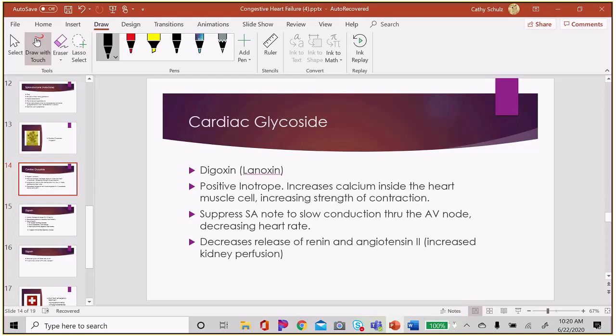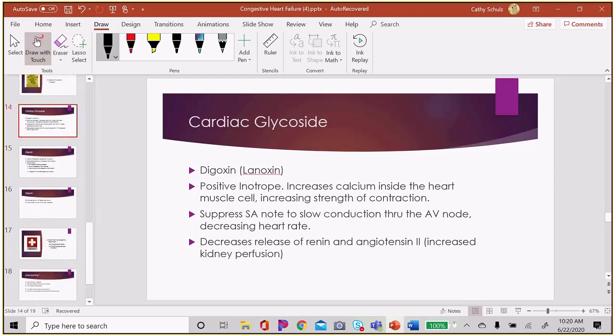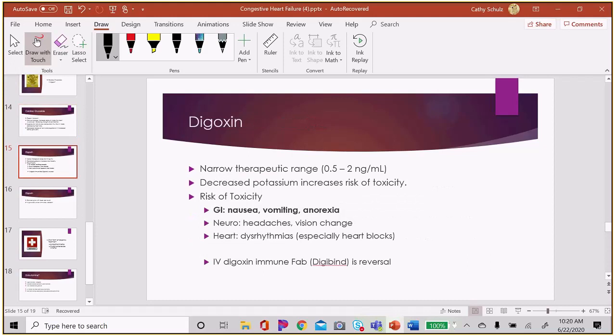So it does that by changing the way calcium moves into heart cells because calcium helps promote muscle contraction. It also slows down the heart rate usually so that you have more time to fill the heart appropriately and generate action potential. So that's its main mechanism of action, increasing the efficiency and strength of contraction.